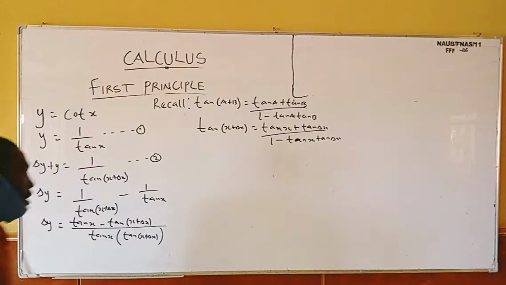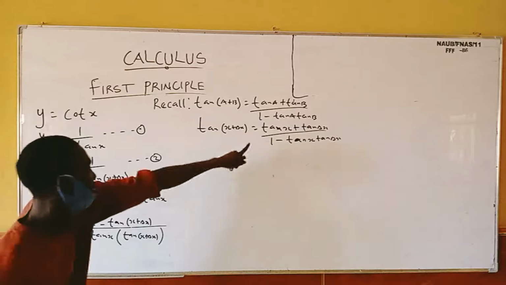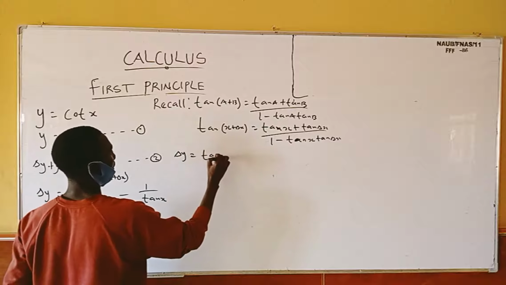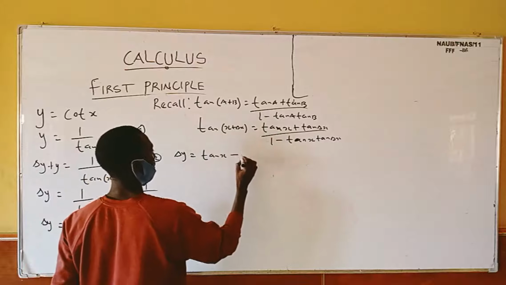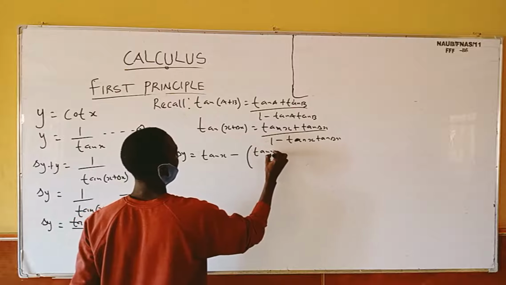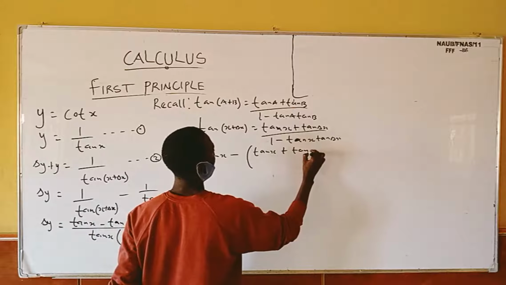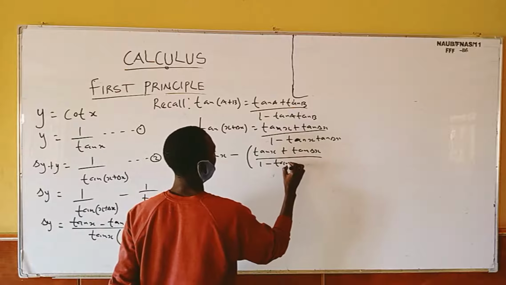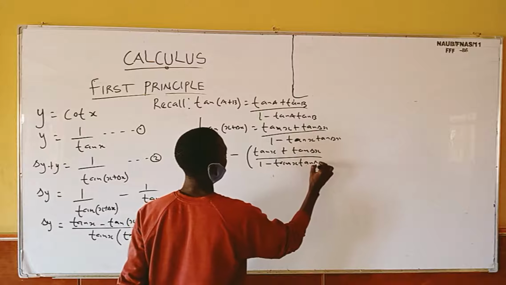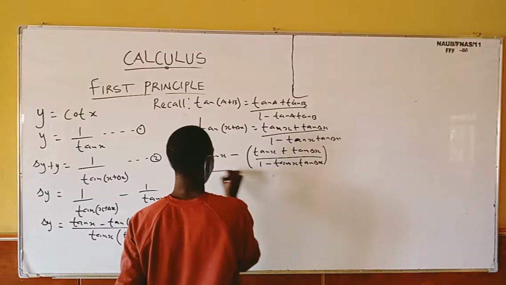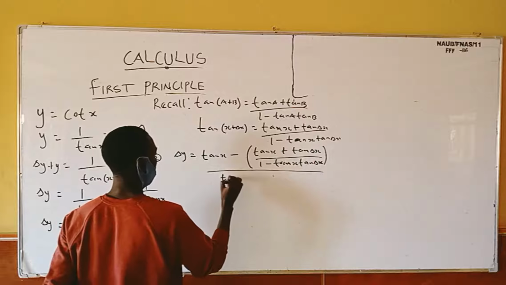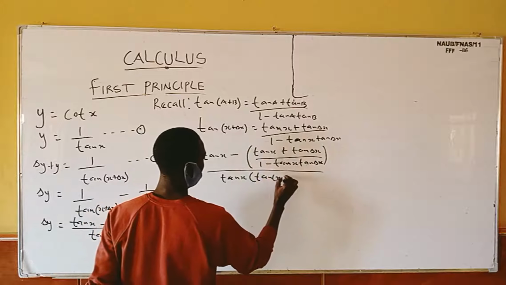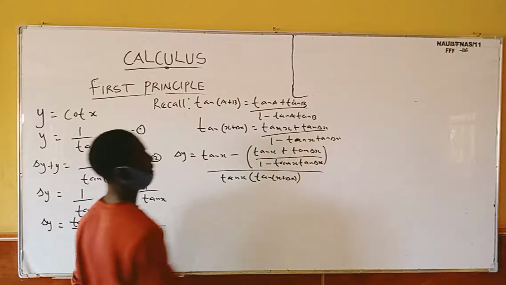I hope you are following. So I will substitute this right here. It means change in y will be equal to tan s minus, open your bracket, tan s plus tan change in s all over 1 minus tan s tan change in s, all over tan s tan s plus change in s. I hope you get this.